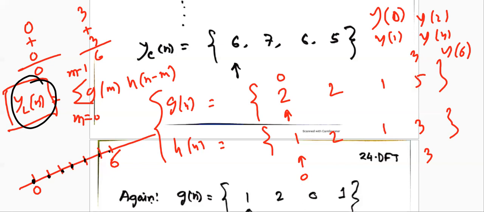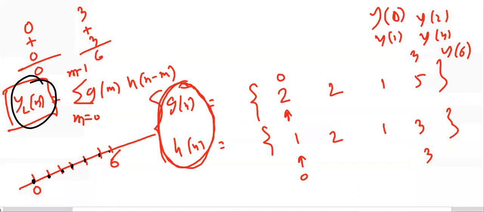Before going there, if we do the circular convolution between Gn and Hn, what would be the output size? If we do the circular convolution between Gn and Hn, what is the sample size? How many samples should you find in case of circular convolution?